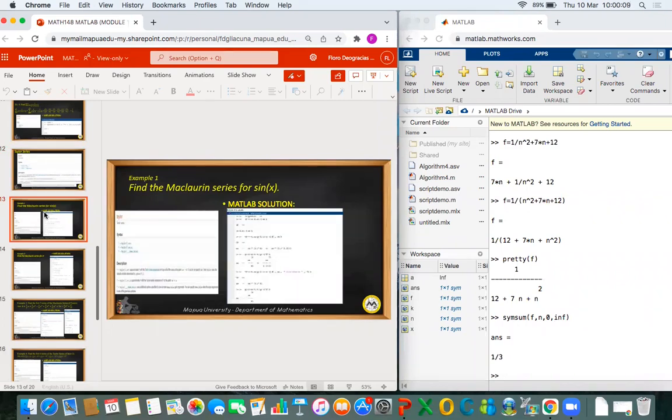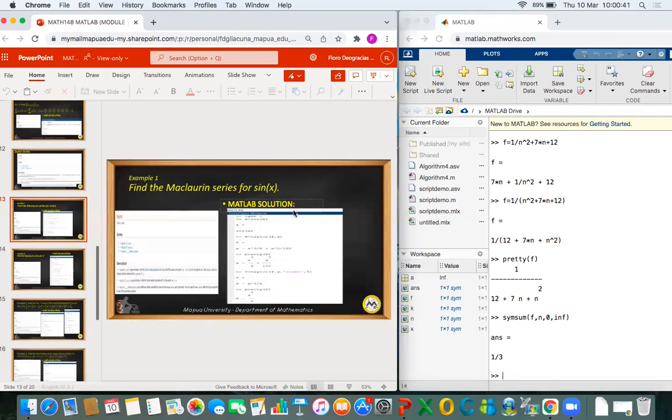Okay, so let's have this example, class. Find the Maclaurin series for sine x. Of course, manually, what you will do is to find some derivatives of your function. You start with the function sine x, then get the first derivative, second, third, fourth, then you may stop, or you can continue. Then you evaluate the function value by assigning x equals 0.